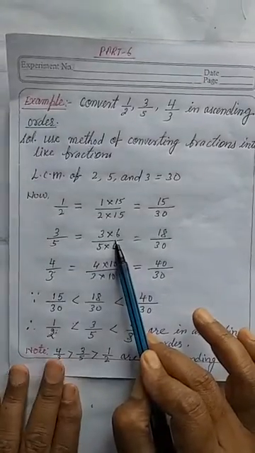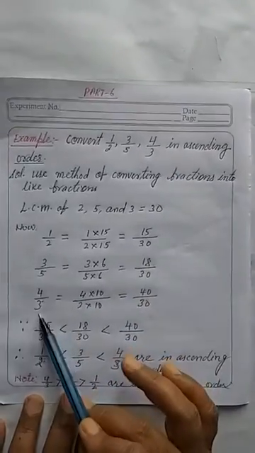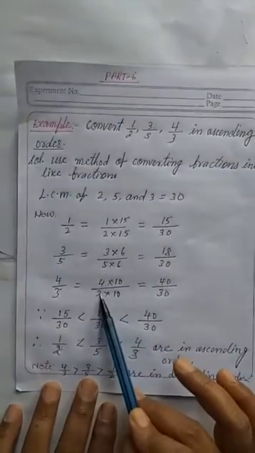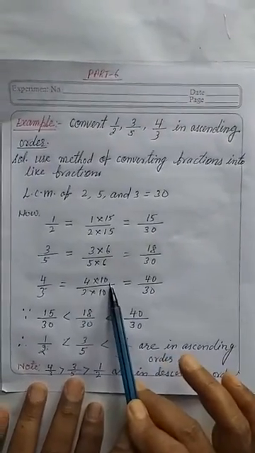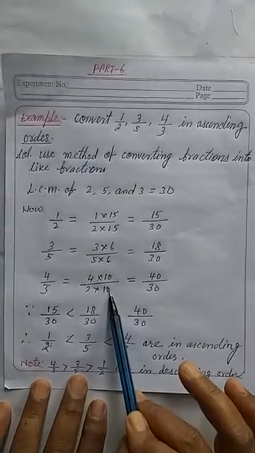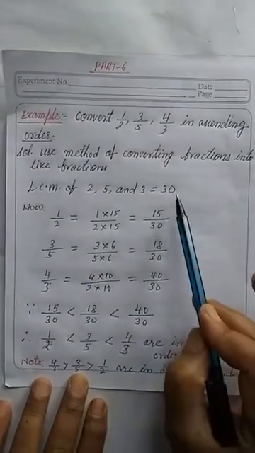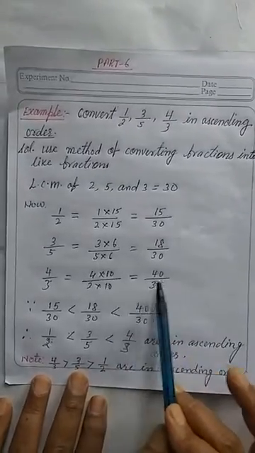Now the third is 4 upon 3. Can you say, students, 4 upon 3 means 3 multiplied by 10, because the LCM is 30. So 3 into 10 is 30, 4 into 10 is 40.